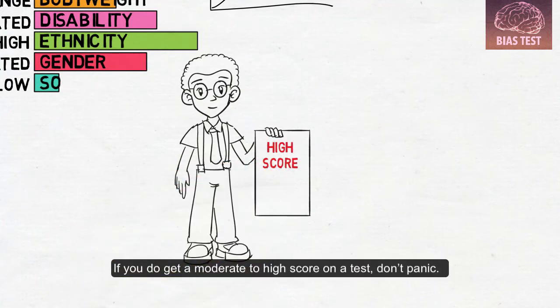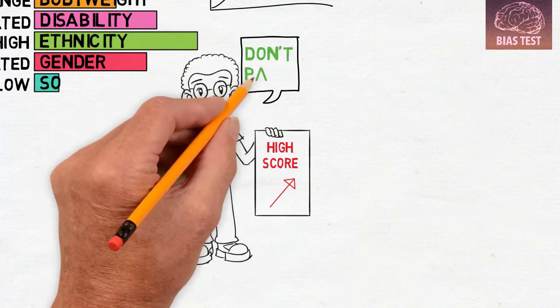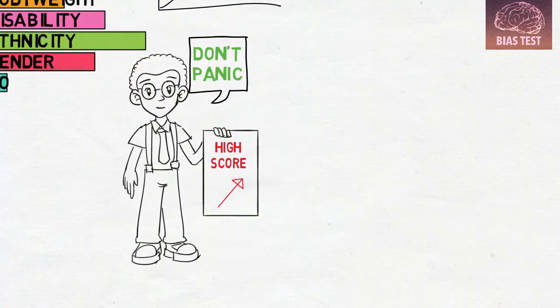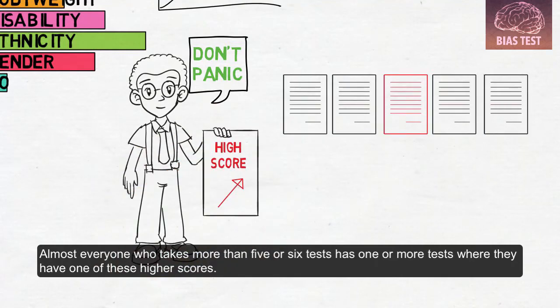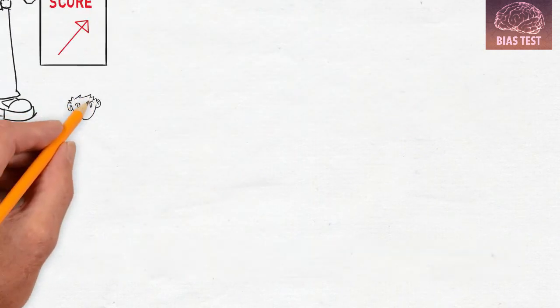If you do get a moderate to high score on a test, don't panic. Almost everyone who takes more than 5 or 6 tests has one or more tests where they have one of these higher scores.